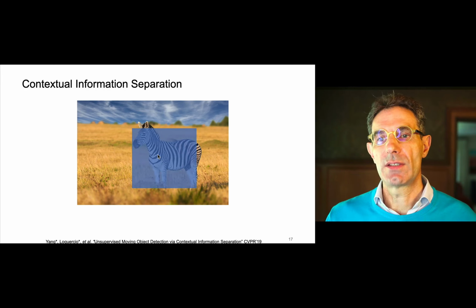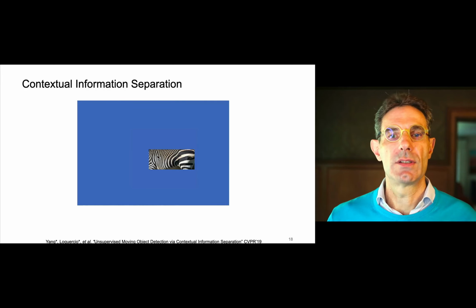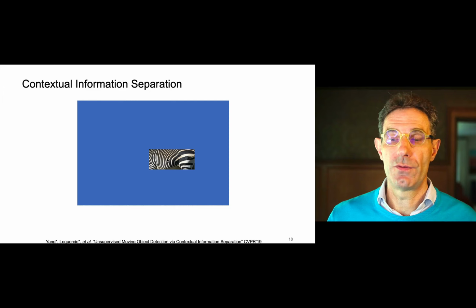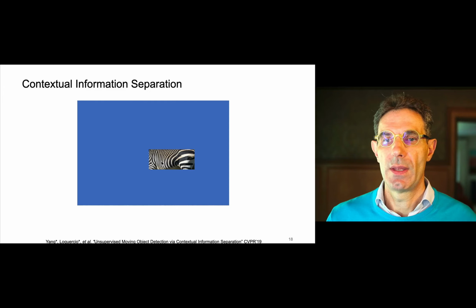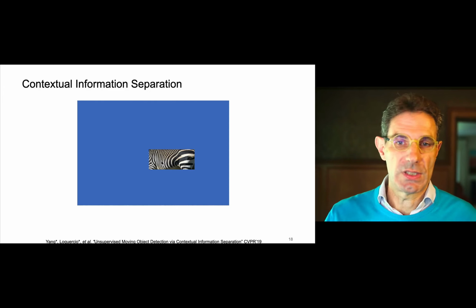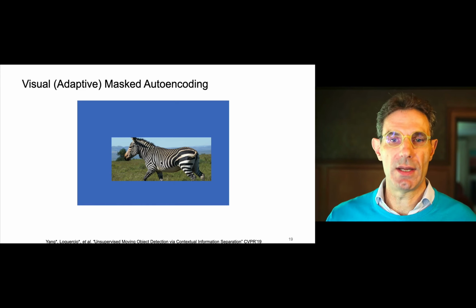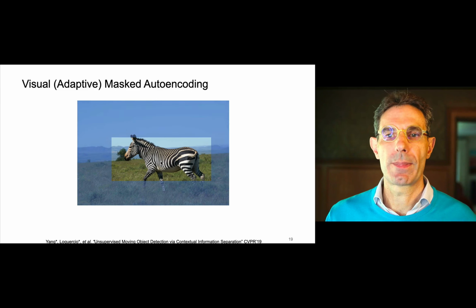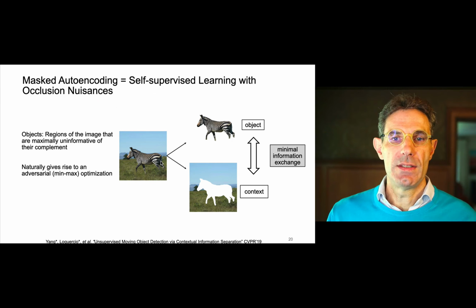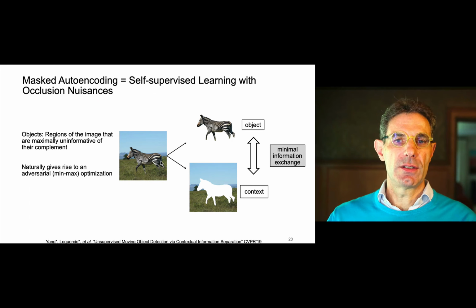Similarly, if this is your hypothesis for the object, you could fill in the background with a zebra, and you will do something. But if I give you this hypothesis for the object, you will do a much better job at completing the outside. So different hypotheses will yield different quality in the reconstruction of the segment of an image given its complement.